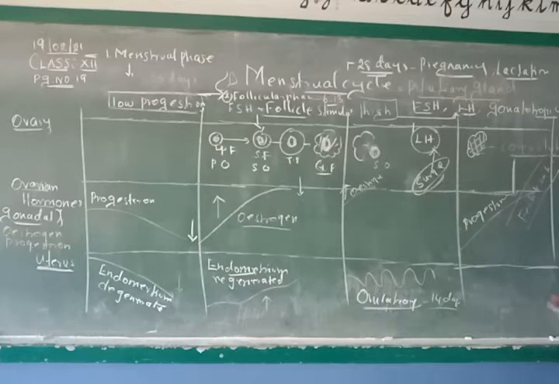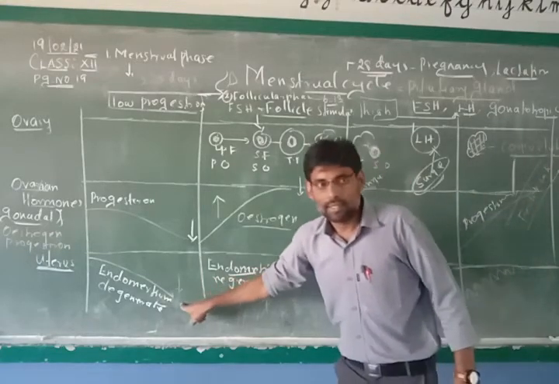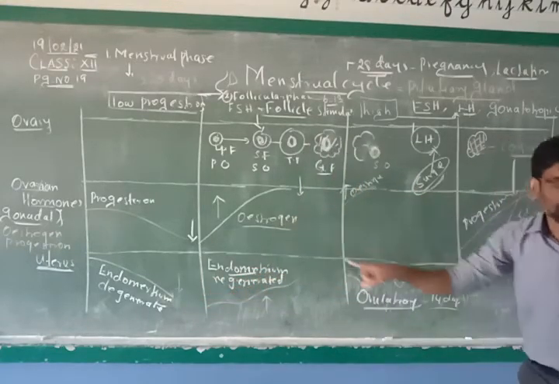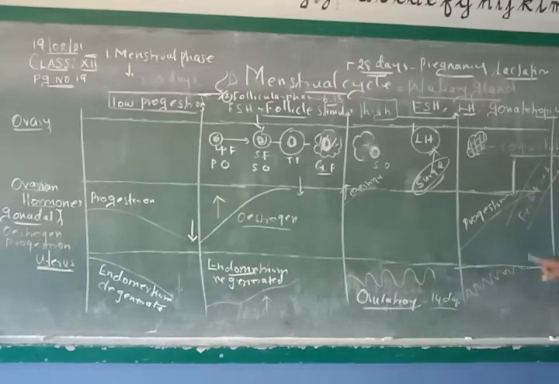Now this corpus luteum secretes progesterone, and the endometrium becomes thicker. Endometrium regenerated without progesterone, and is made stronger with progesterone. If it is fertilization, it will remain, by which time the endometrium is made strong.